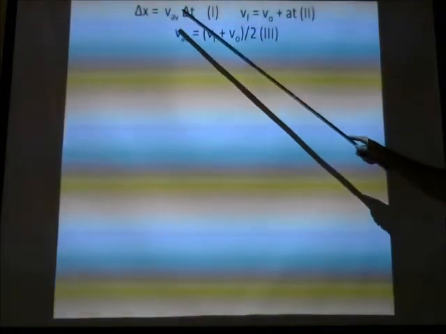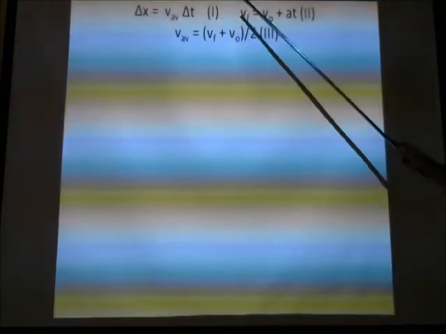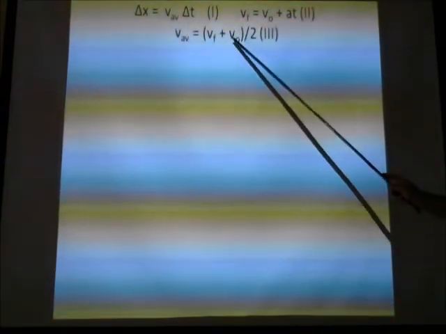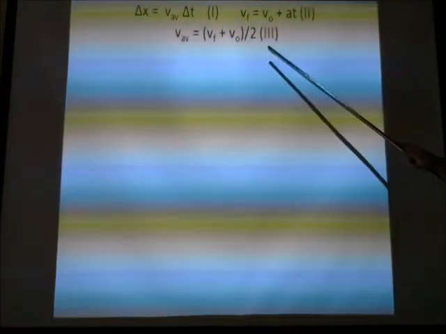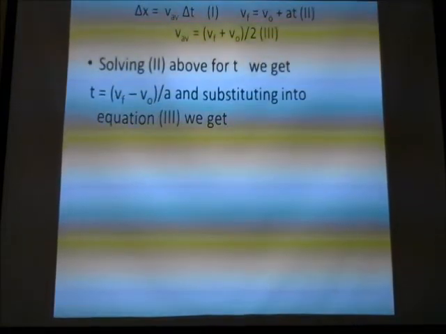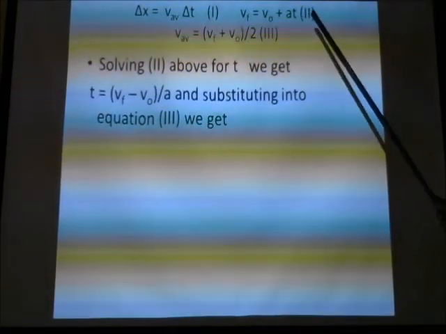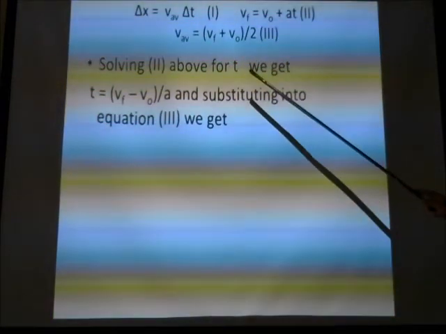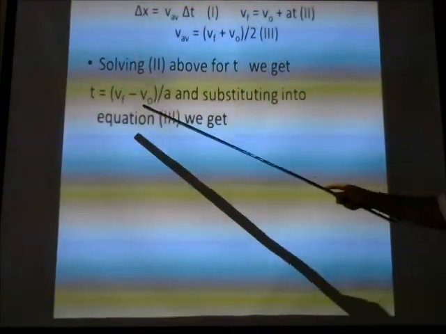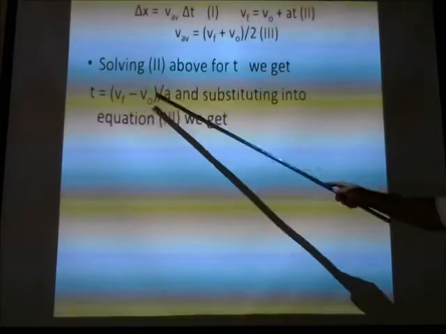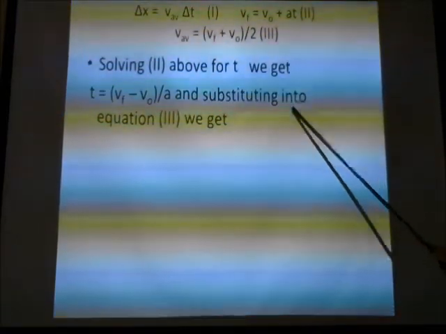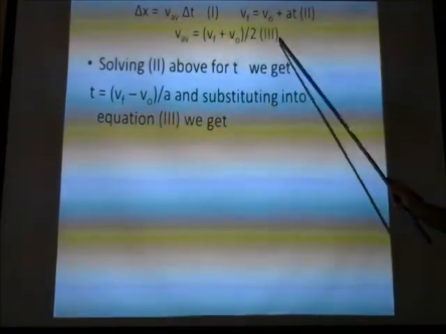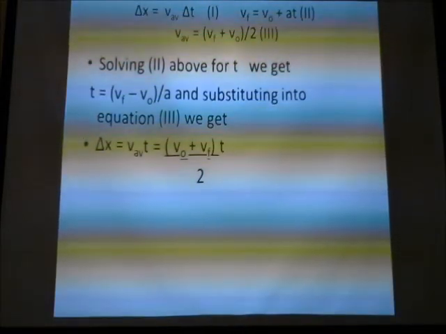Another common equation uses those same three that we started with: the definition of average velocity, the definition of acceleration, and the definition of average velocity at constant acceleration. We solve equation number 2, but rather than solving it for Vf, this time we solve it for t. So we look at t equals Vf minus V naught all over a, and we substitute that into this equation once again, which is average velocity.